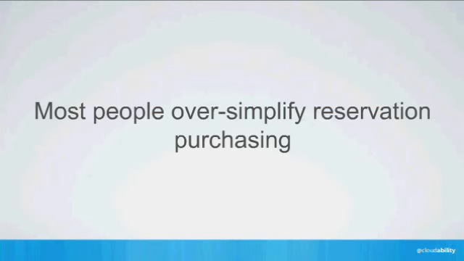And this really manifests itself in two ways. On one side of the coin, people are oversimplifying the calculation that they're using in order to purchase an RI. And on the other side, operationally, people are oversimplifying how they purchase.